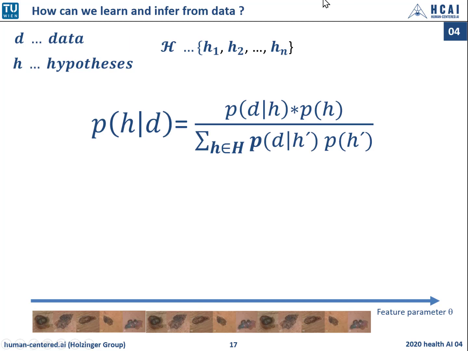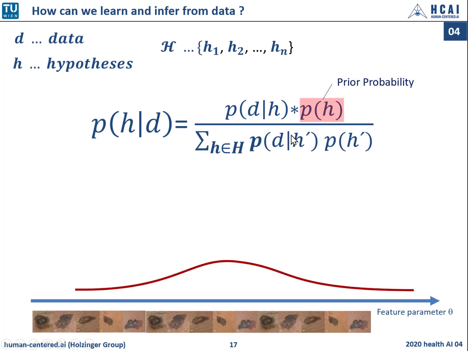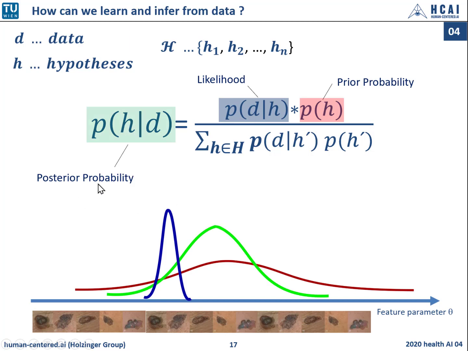Okay, so then we have Bayes, and we have the prior probability, then we have the likelihood, and then we have the posterior probability. We calculate the posterior probability by the prior probability times the likelihood.